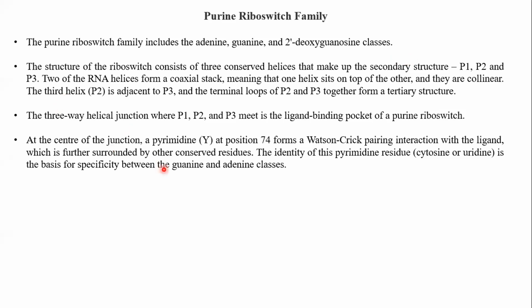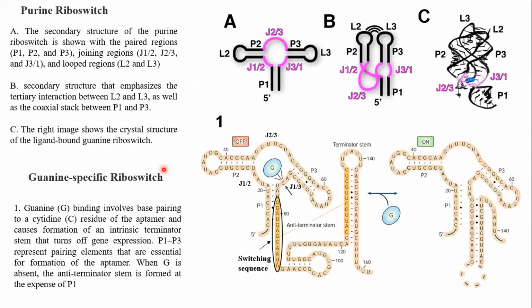Now the structure of the riboswitch. This riboswitch has a secondary structure made up of 3 pairing regions. The upper diagram is of the general riboswitch, and the second diagram is of the guanine specific riboswitch.